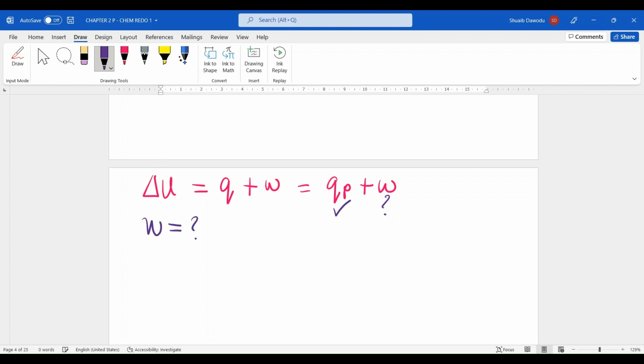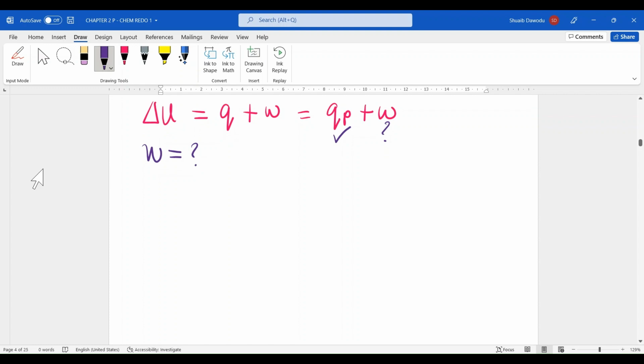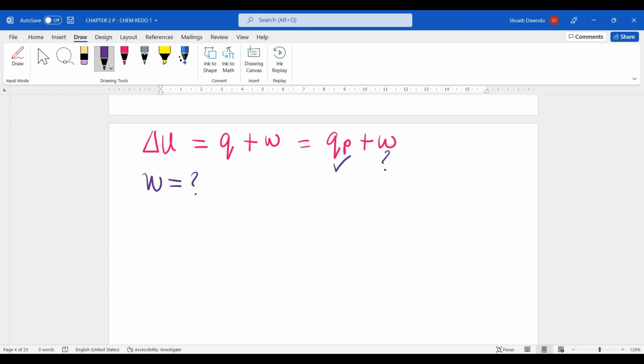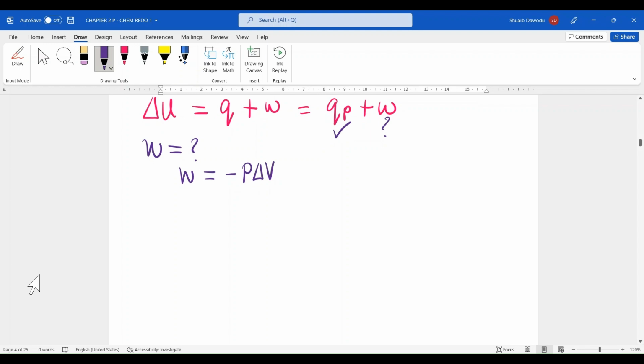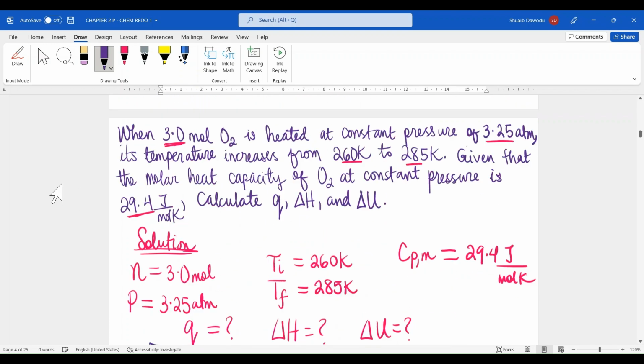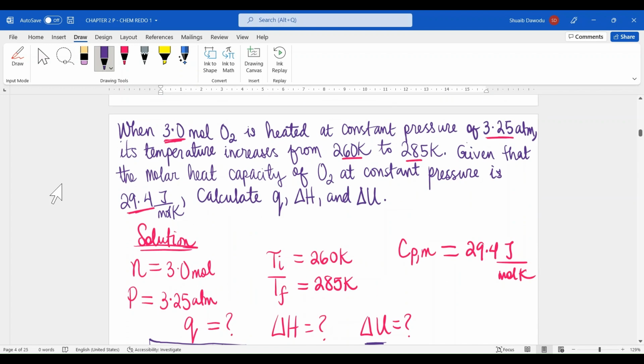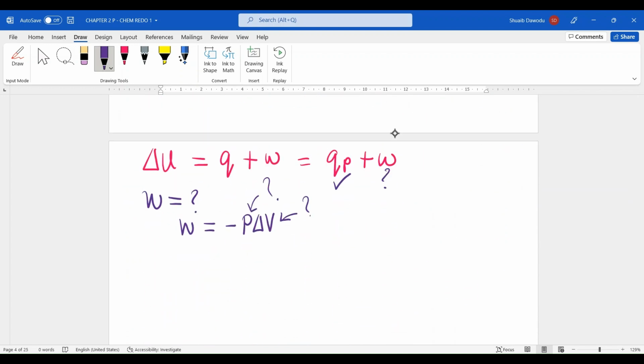Work done generally has the formula negative P change in V. So we substitute the pressure as well as the change in volume. We know pressure is just 3.25 atmosphere.